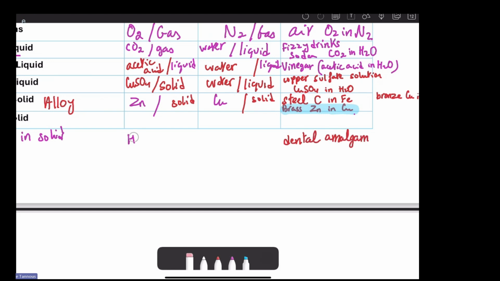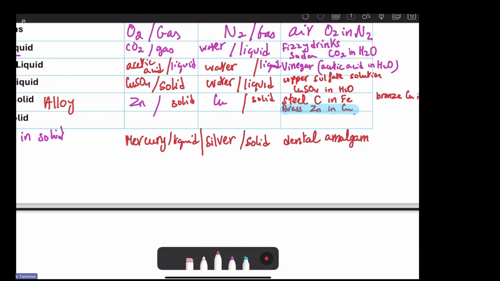We have the mercury, which is a liquid, in silver. Silver, tin, and other metals. We dissolve it in silver.